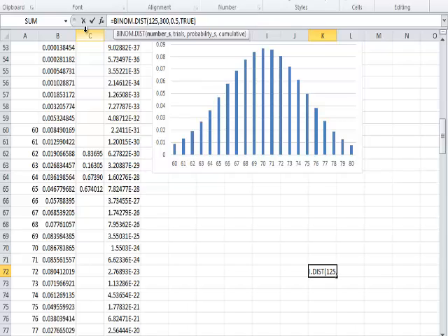So 125 is pretty bad, and all the worse outcomes are also going to be included in order to get the confidence probability. So that is now 0.002. This is the probability of observing 0 or 1 or 2 all the way up to 125 votes.